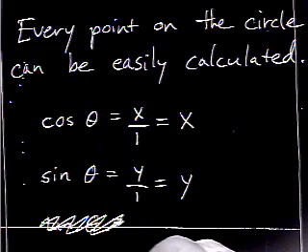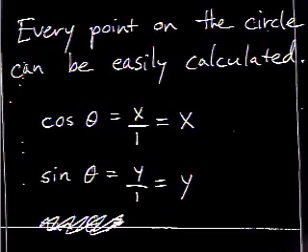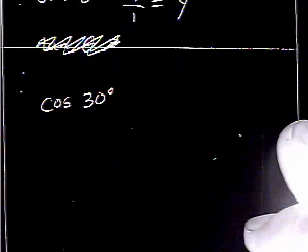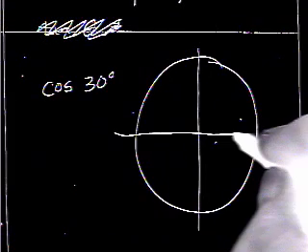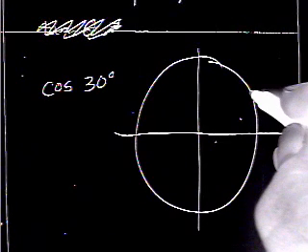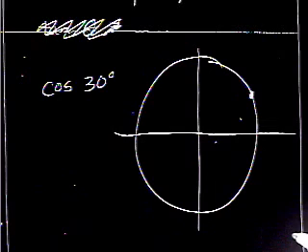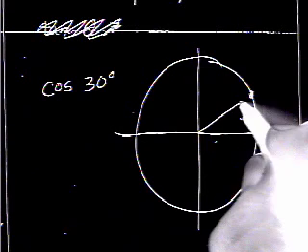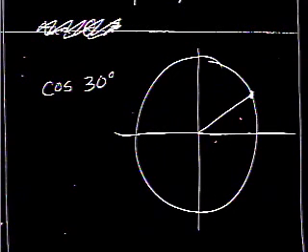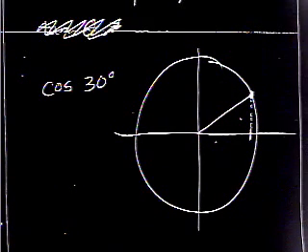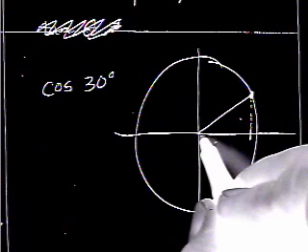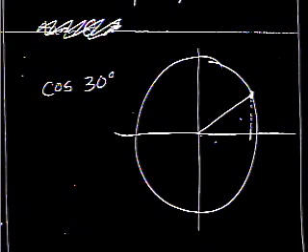So I'm going to ask you questions like, what's the cosine of 30 degrees? Well, there's the angle for 30 degrees. I want to know the x value, the distance from here to here.